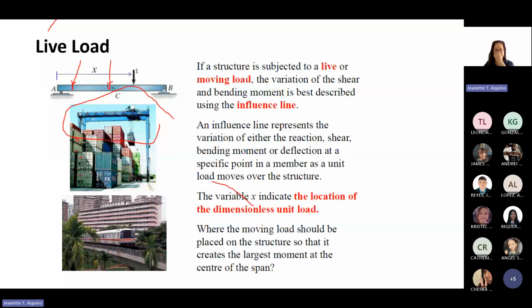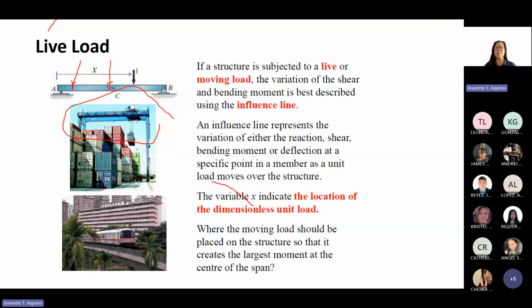The variable x indicates the location of the dimensionless unit load. So the question is where the moving load should be placed on the structure so that it creates the largest moment at the center of the span. Because if your load is moving, you will have a variable moment.